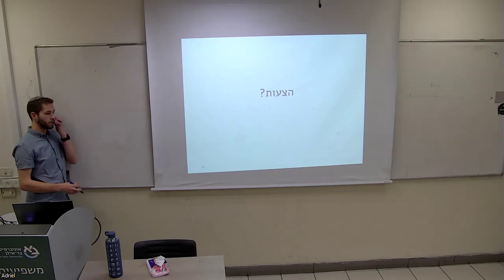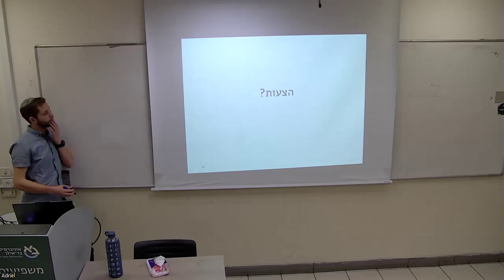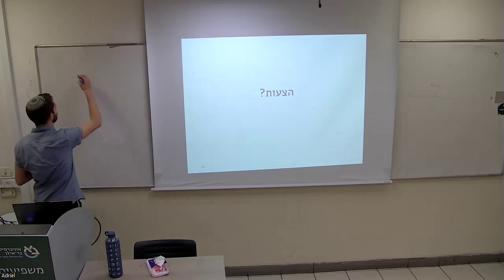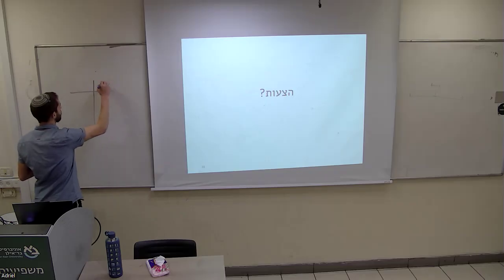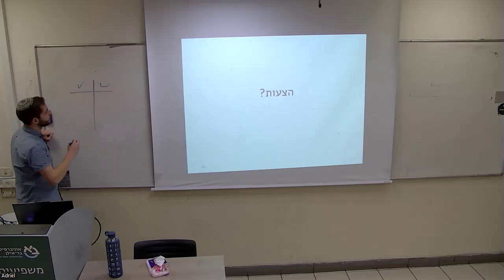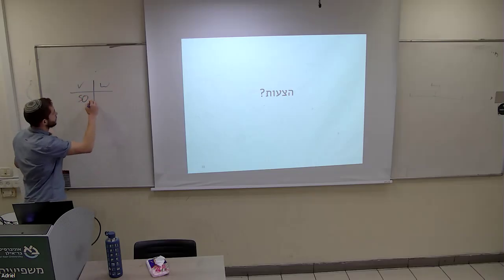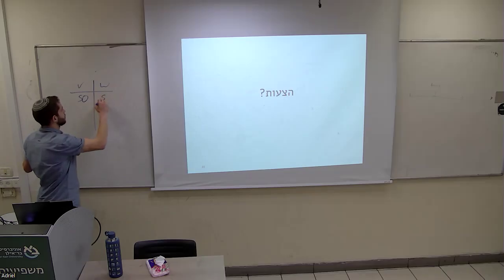What if we take the most that we can from the item that's worth the most? So let's say we have a couple of items, each with a weight and a value. The value of the first item is 50, and the weight is 50.